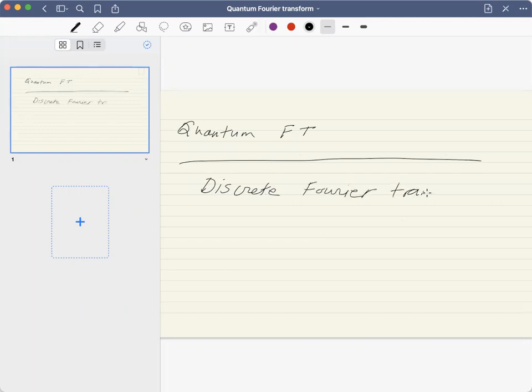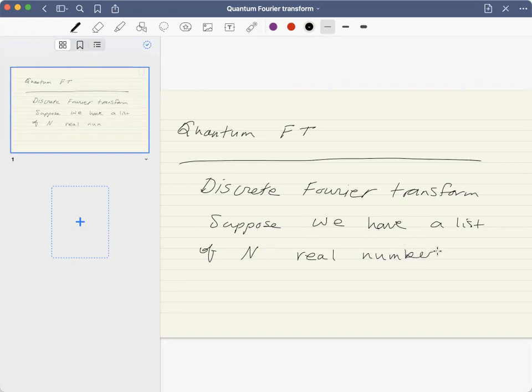So just view this as some mathematics problem that we want to solve. So suppose I have a list of n real numbers, or actually we can have complex numbers, they don't have to be real.